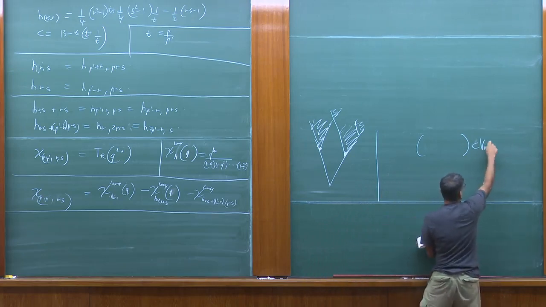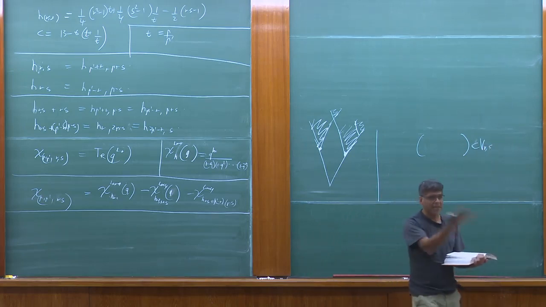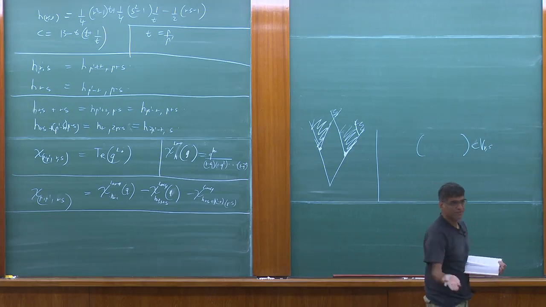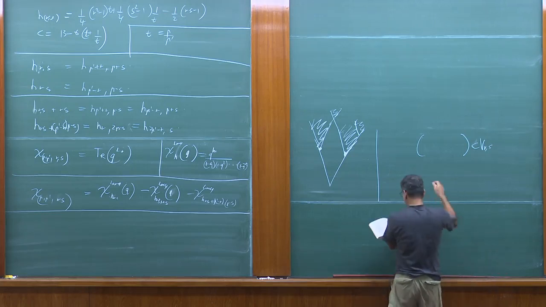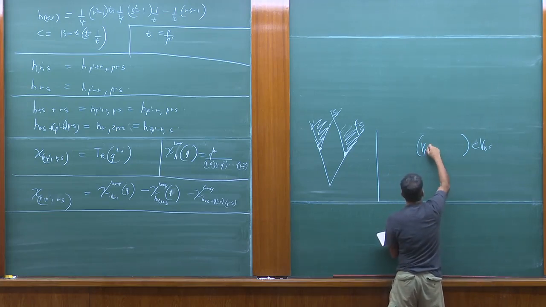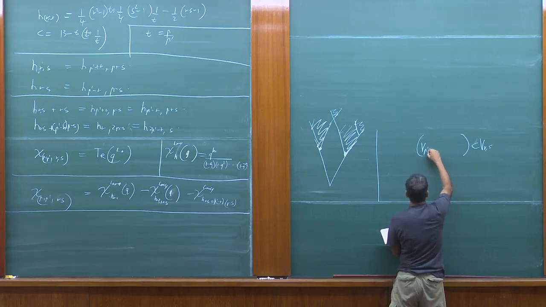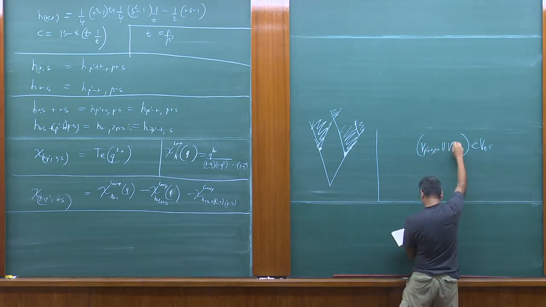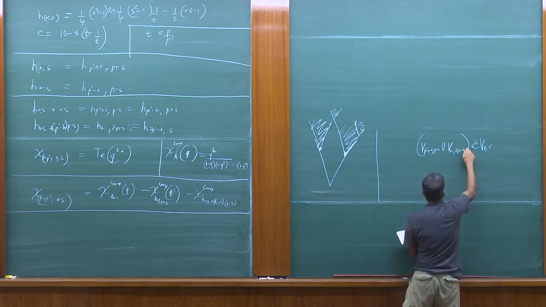Take the original primary. I want to write the null content of the original primary, right? So this guy, they like to write it as V of P prime plus R, P minus S, union V of R, 2P minus S.